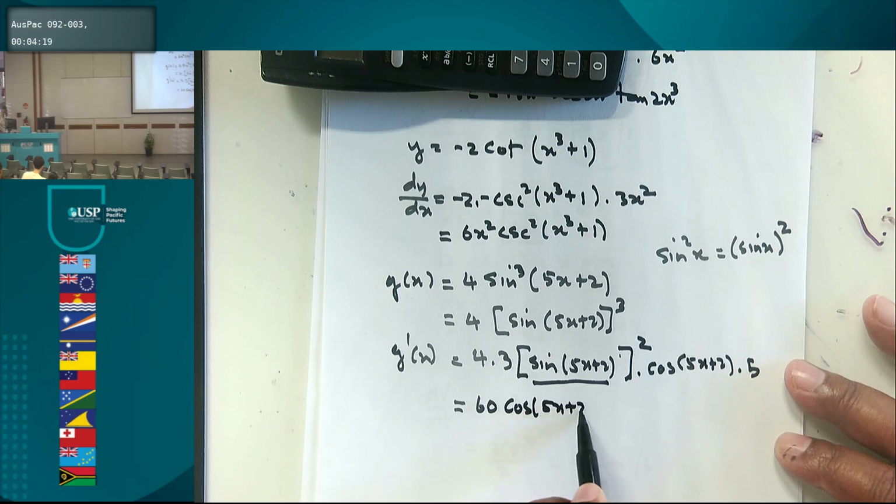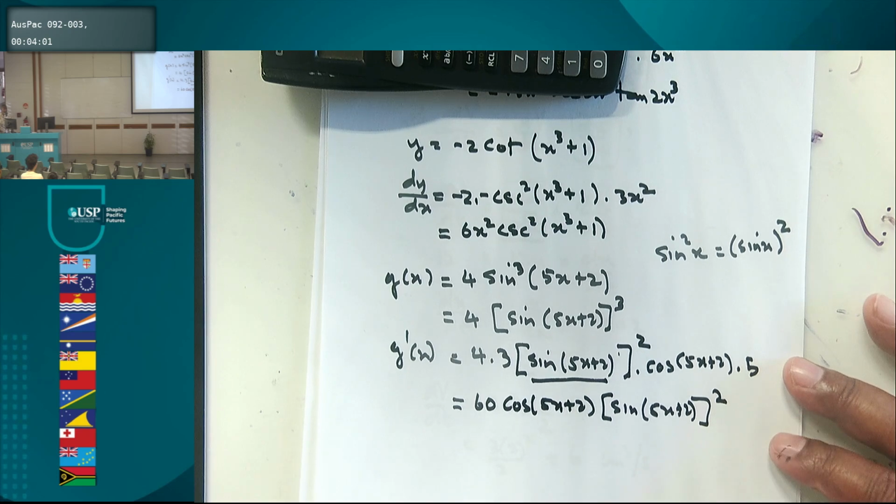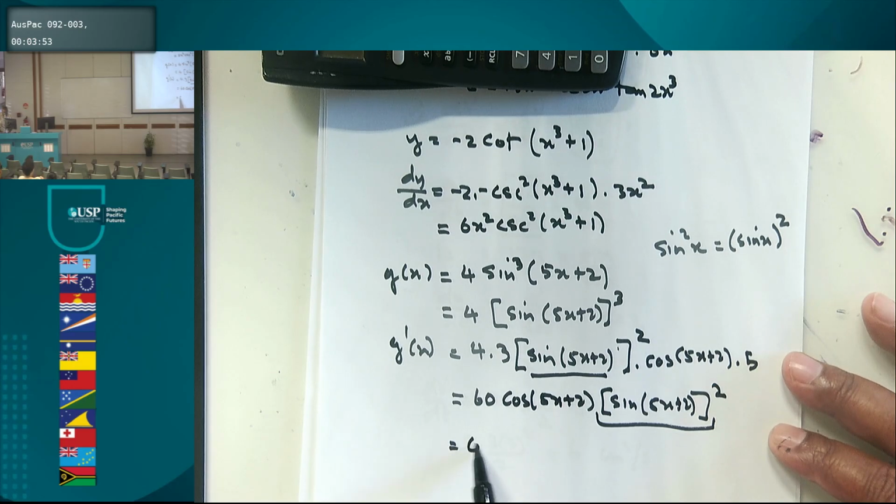What else? Sine squared. If you give me that, I will not give you the full marks, because there's a better way of writing this. What should it be? 60 cos 5x plus 2 times sine squared 5x plus 2.